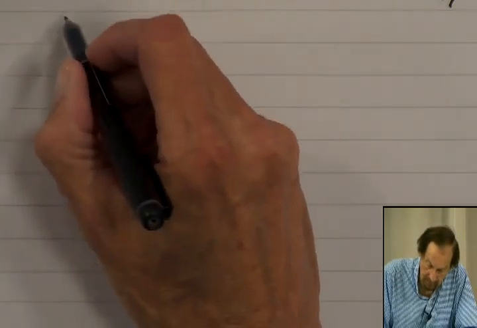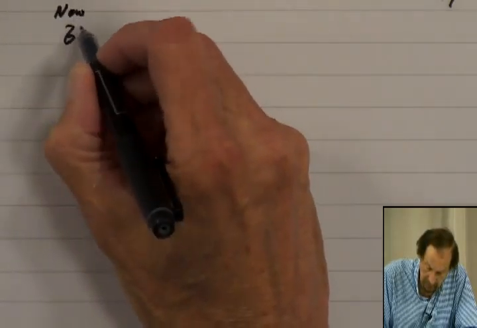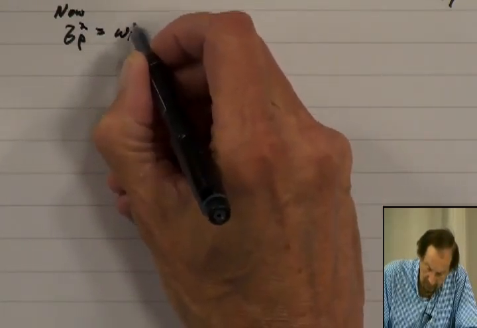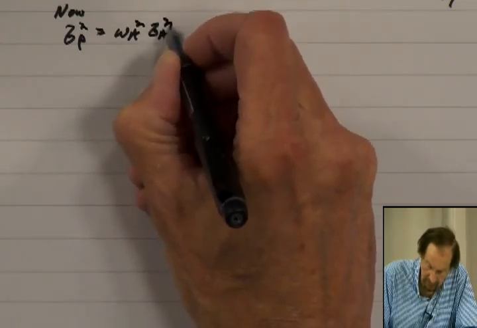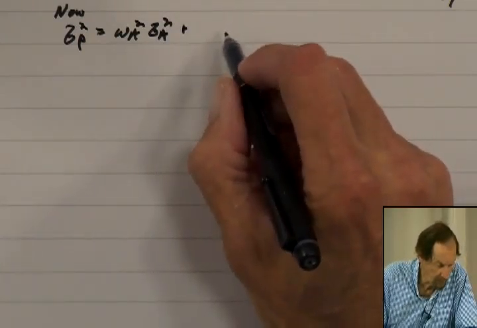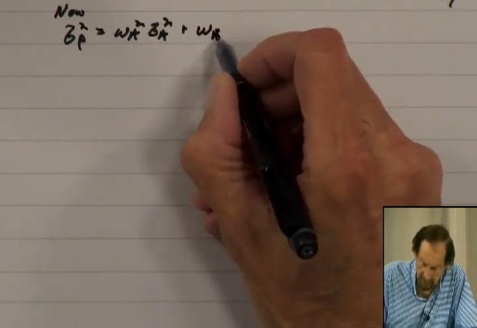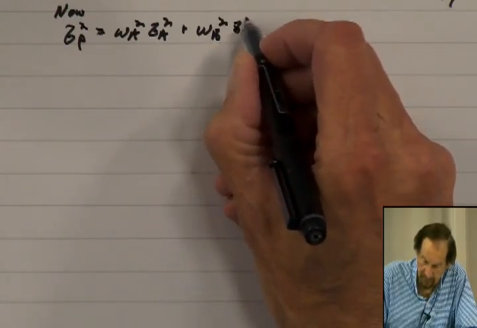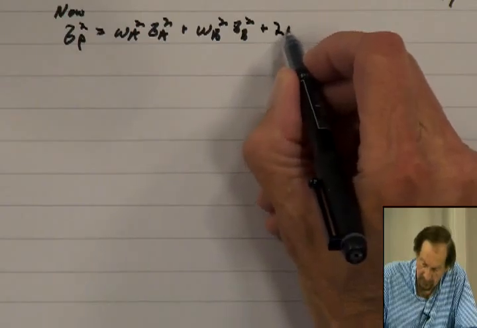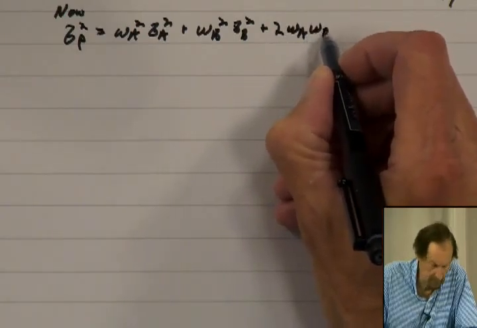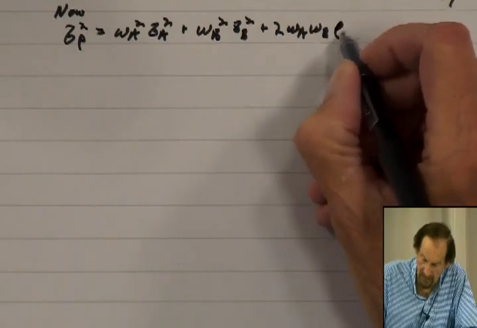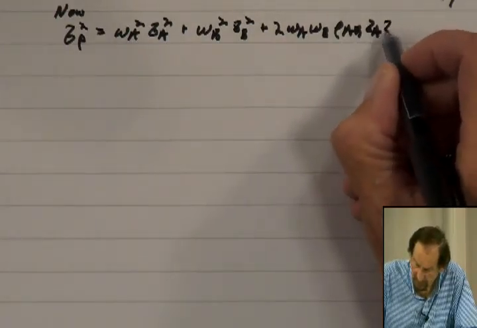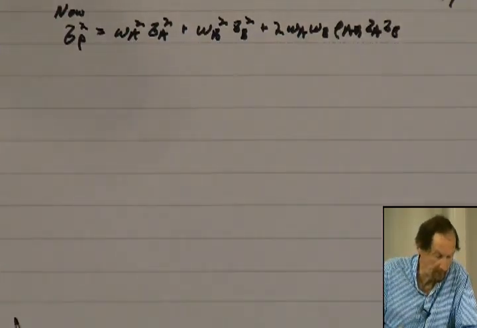Sigma p squared, we say now, sigma p squared equals what? Equals WA squared sigma A squared plus WB squared sigma B squared plus 2WA WB rho AB sigma A times sigma B. Okay.